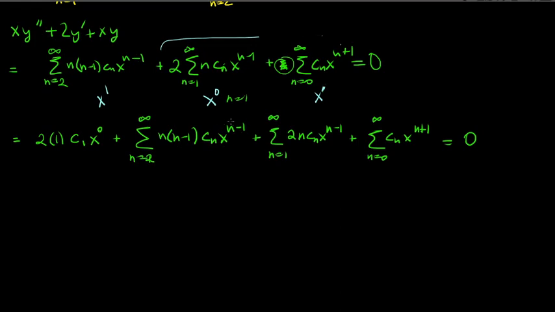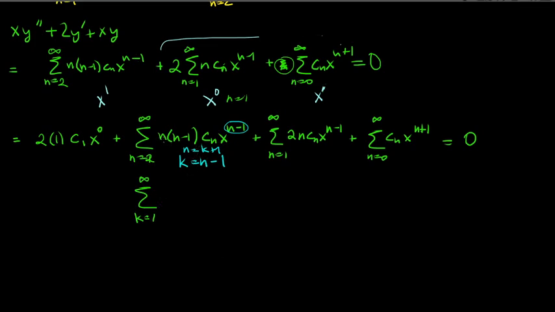So if we're starting at 1, we want this to be n. So let's call it k. Here, k is going to be n minus 1, and if we do that, then n is just k plus 1. So we can rewrite this series in terms of k. So k now starts at 1 and goes to infinity, because if n is 2, k is 1.